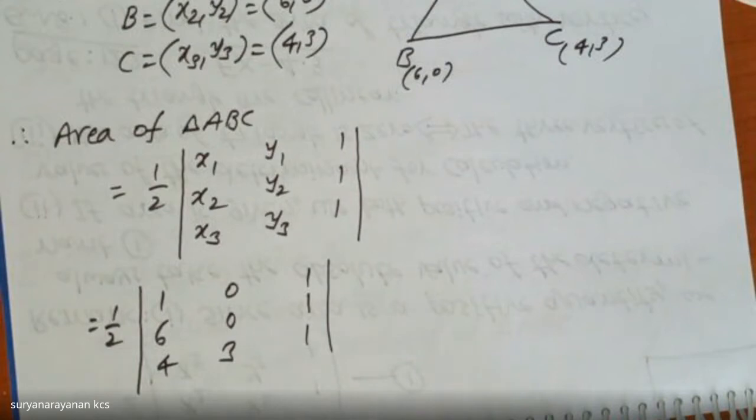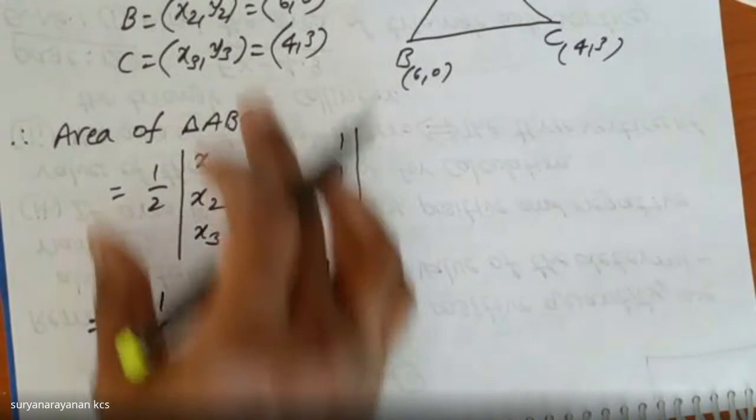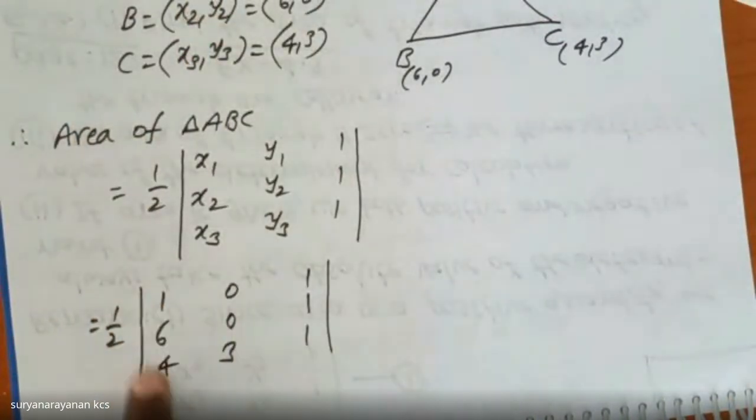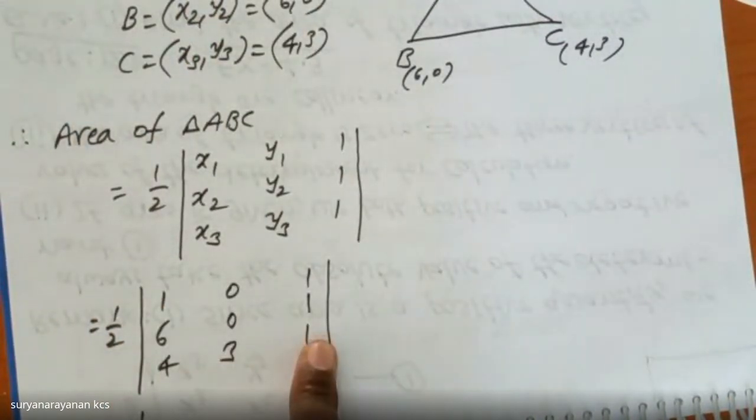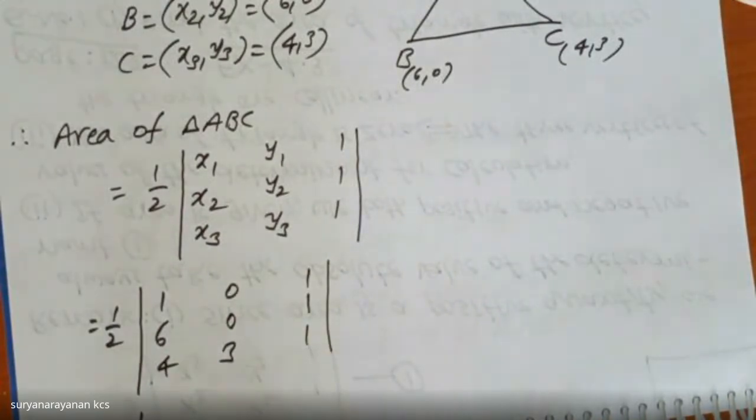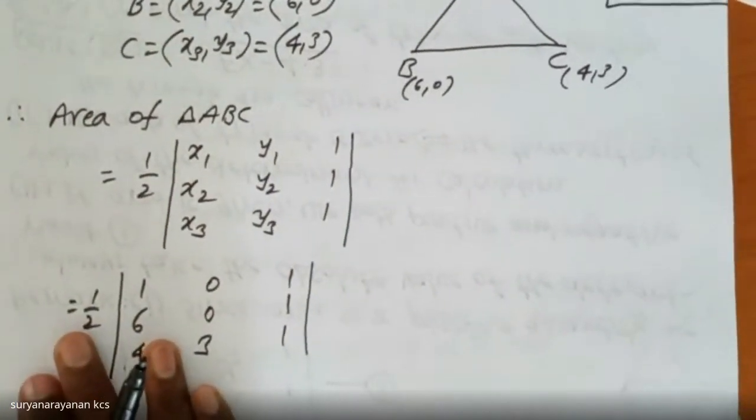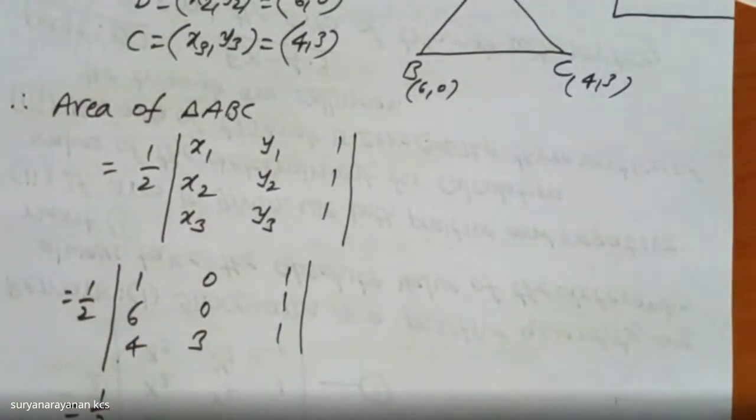Now find the determinant in rough form and tell me the answer. Don't copy all of this. Only take this determinant and find its value, and tell me fast. Let me see who will give the answer fast.